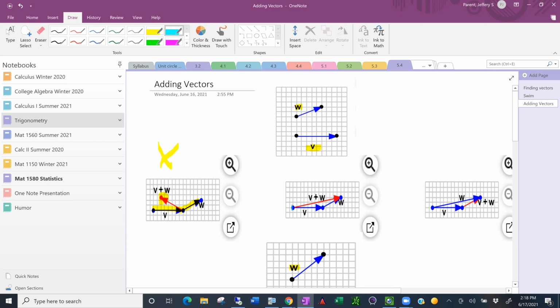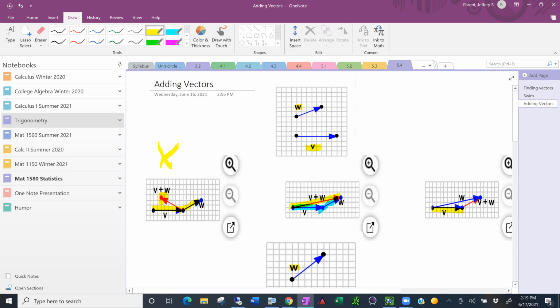So again, you start out, vector V takes you east, and then vector W takes you a little bit north and east. And they call the resultant vector V plus W. That's going to head along this diagonal, or what would be the diagonal of the parallelogram. How does that one look? Does that one look a little bit more like what you would expect for V plus W? Yes, absolutely. And this last one, boy, this is totally blown out of scale.